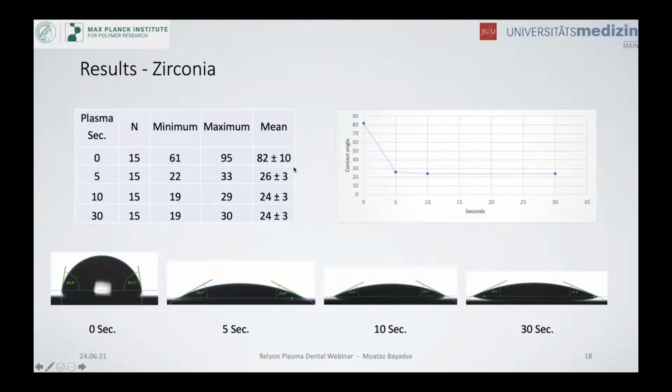On the zirconia surfaces, you can see that after 5 seconds we also have a significant reduction in the contact angle, but with further and longer plasma treatment, there is no significant reduction or difference.